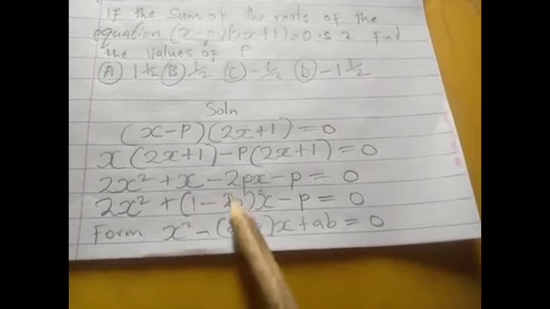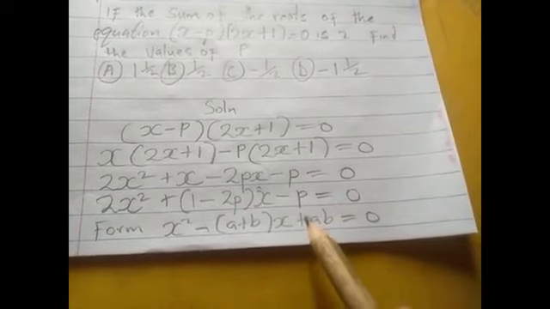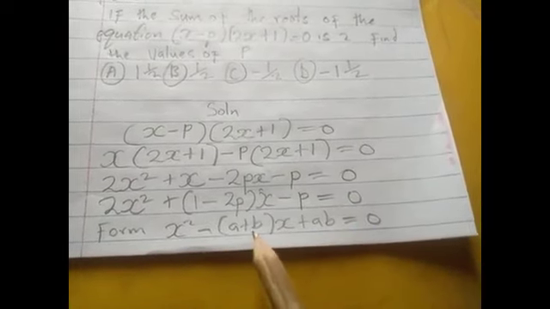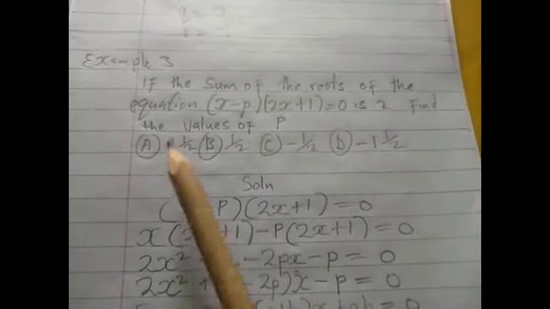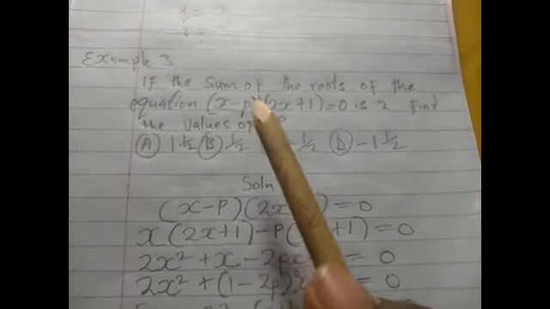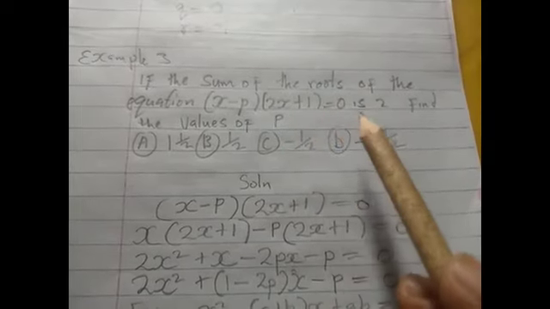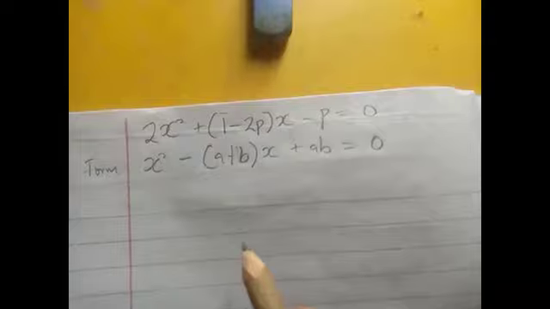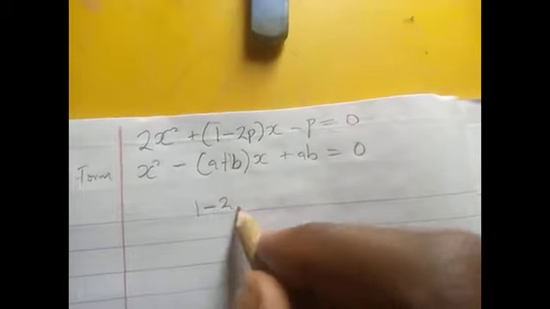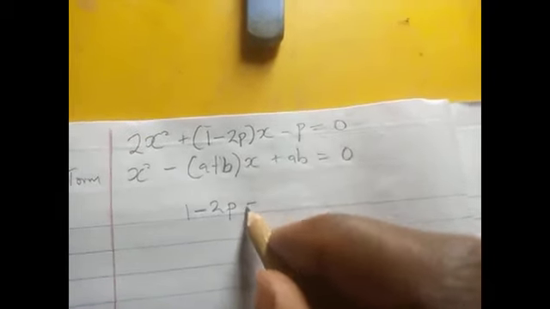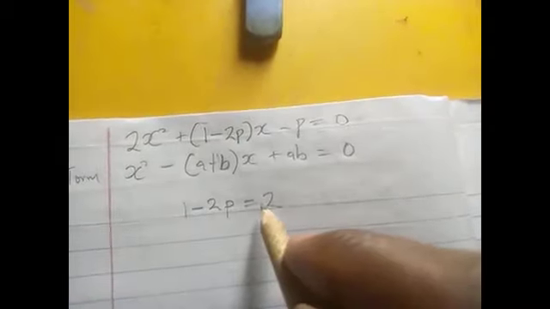So these are our sum, 1 minus 2p, x, then plus minus p, and this we can have as plus ab. We can remember that from the question they say the sum of the roots of the equation (x - p)(2x + 1) = 0 is 2. So we take out our sum. Our sum here is 1 minus 2p, which is equal to 2 from our question. So 1 minus 2p is equal to 2.